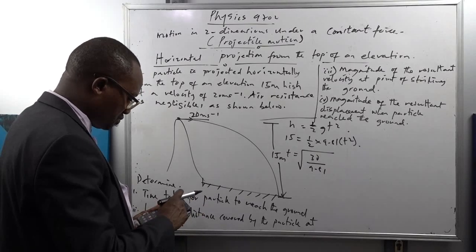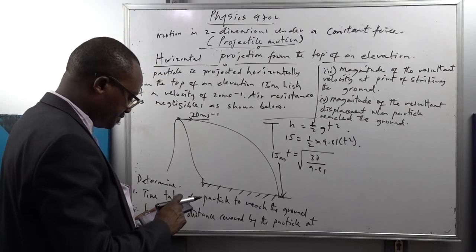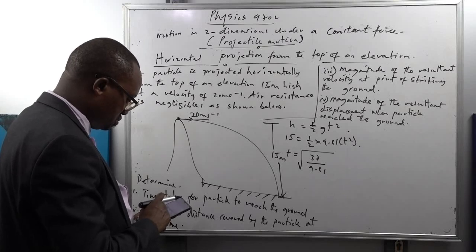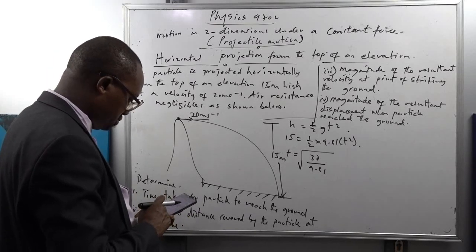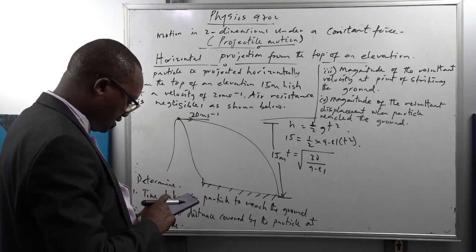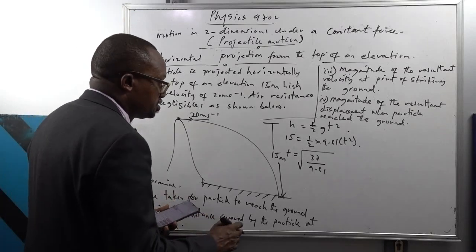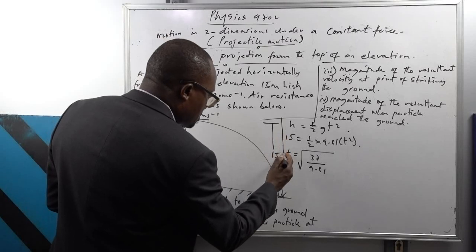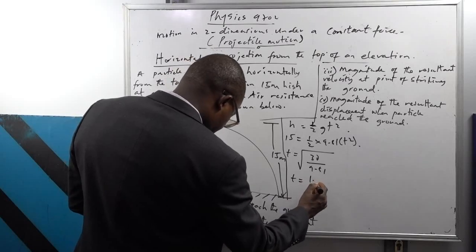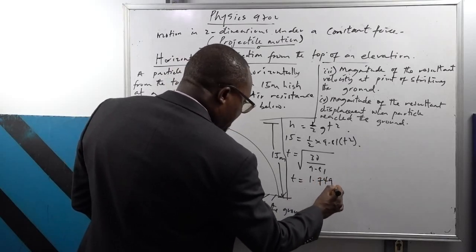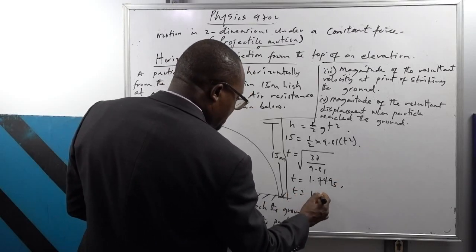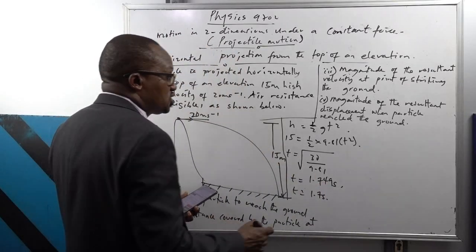You have square root of 30 divided by 9.81. That will give you t. t will be equal to 1.749 seconds, which you can approximate to two significant figures as 1.7 seconds.